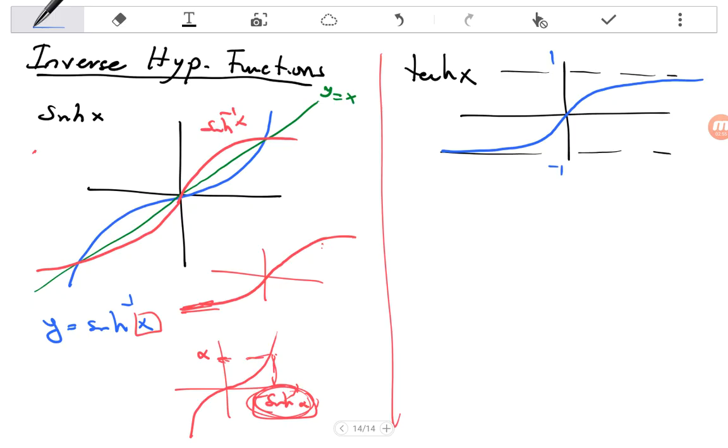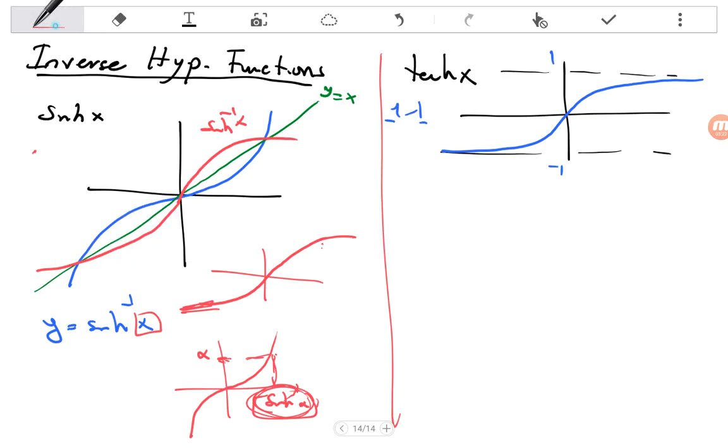We learned before that sine and cosine outputs are bounded to the values from -1 to 1. And that is also the case for tanh x. The output of tanh x is always bounded by -1 and 1. This is a 1-to-1 function, so the inverse will just be straightforward.